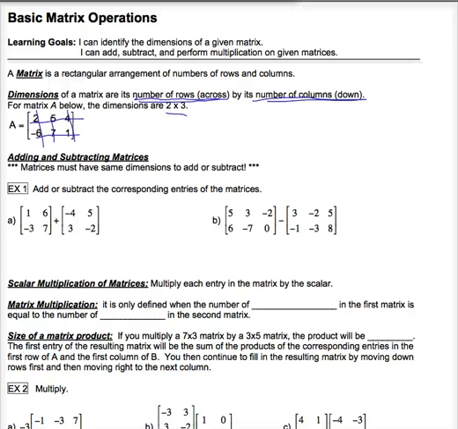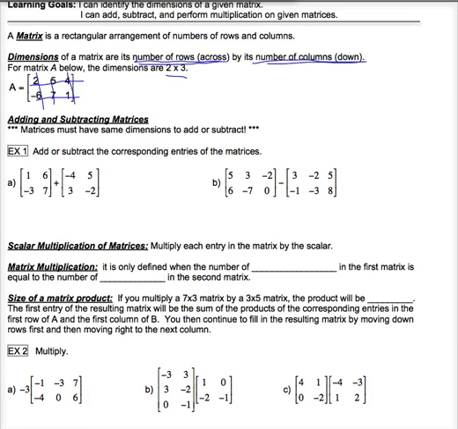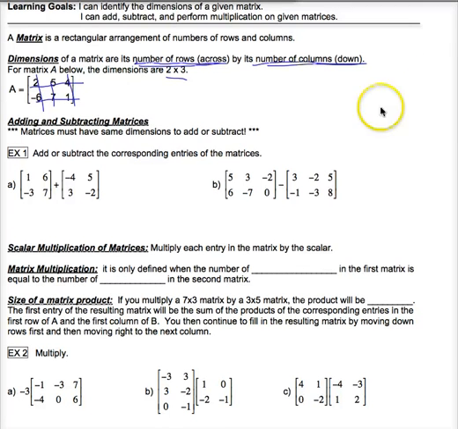So you can see right underneath here, in order to be able to add or subtract matrices, they have to have the exact same dimensions. So if we look here, my first matrix is 2 rows by 2 columns, and so is the second matrix. So that means that I can indeed add those because they have the same dimensions. So adding and subtracting matrices is no different than just adding and subtracting numbers. This is very easy.